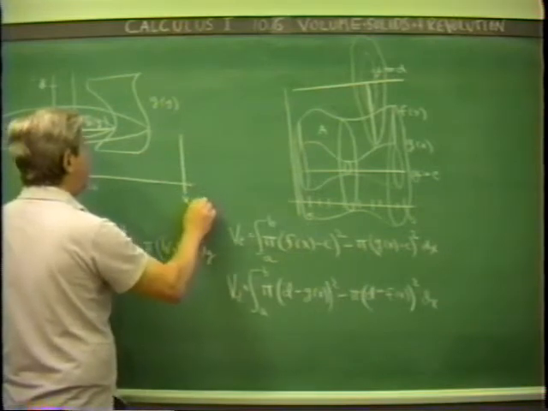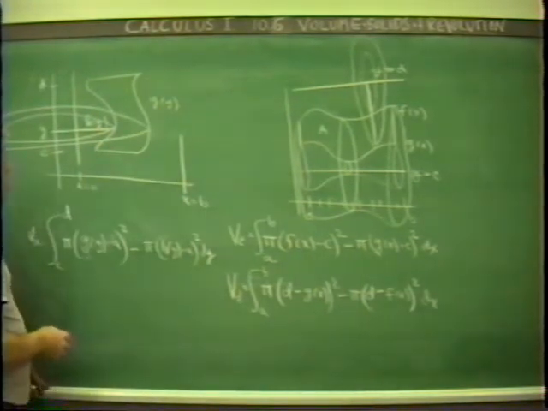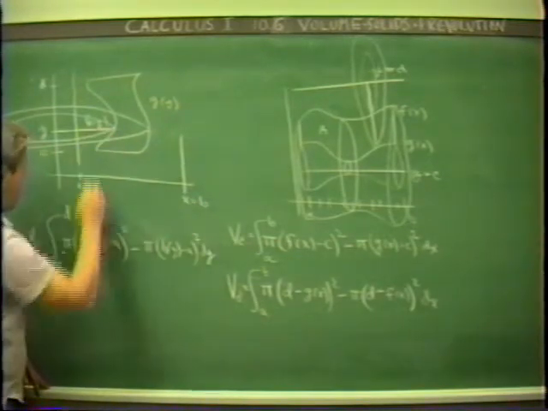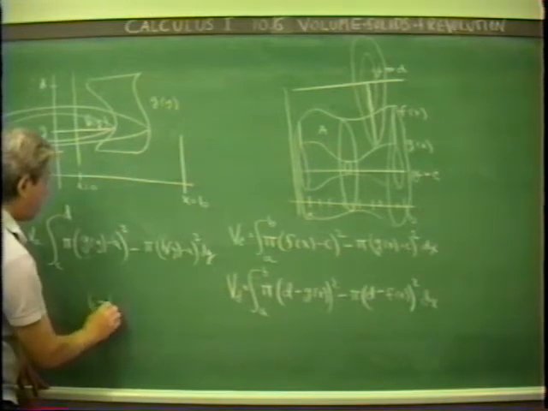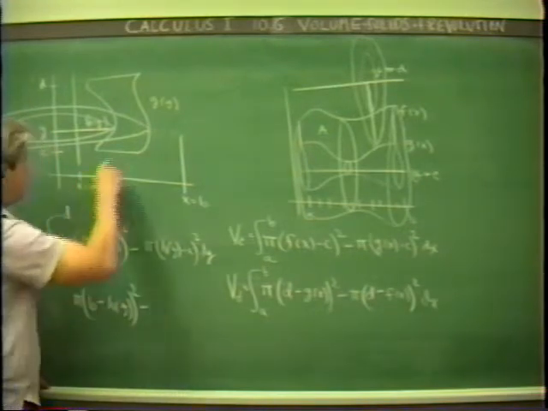If we wanted to revolve it around a line x equals b, where b was larger than g of y, which was larger than h of y, then the outside radius would be b minus h of y, since b is larger than h of y. So you'd take that and square it and multiply it by pi.